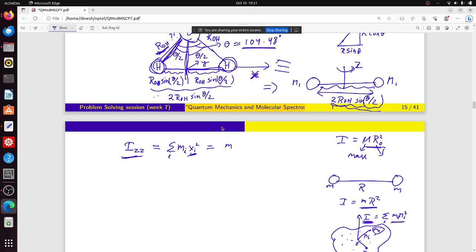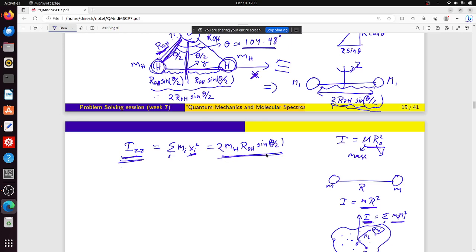Let's say each atom has some mass m, let's say this is the mass of hydrogen, and the distance they are separated by is ROH sin theta over 2. Right, and there are two such atoms, so I can simply multiply by 2. Right, so this will give me the moment of inertia.